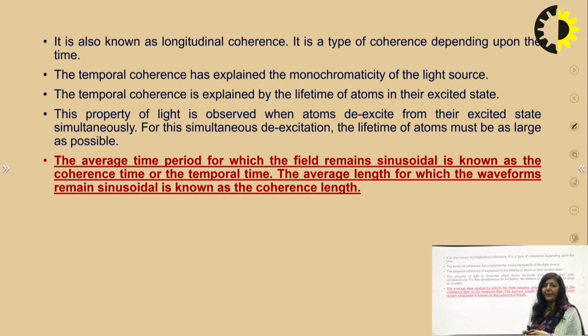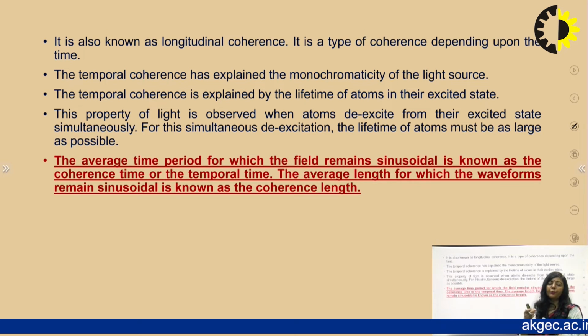Suppose we have sodium light. Sodium light has a yellow color, and you will get 2 different wavelengths from that sodium lamp. One has wavelength 5890, and the other wavelength coming from that sodium lamp is 5896 angstrom.